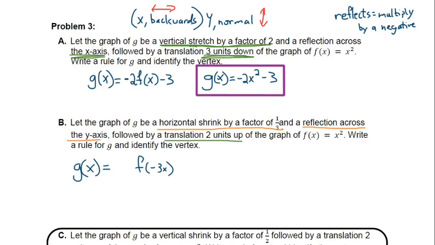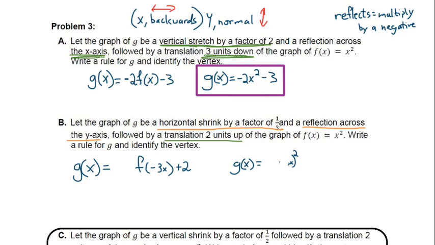And it says followed by a translation 2 units up. Well, to shift 2 units up, we simply add 2. Okay, so we can apply this on the inside, that on the outside. So g of x equals, inside the parentheses, we have a negative 3x squared.